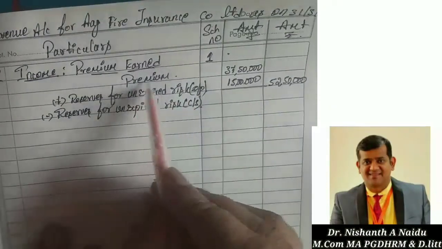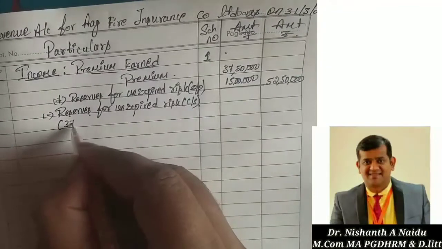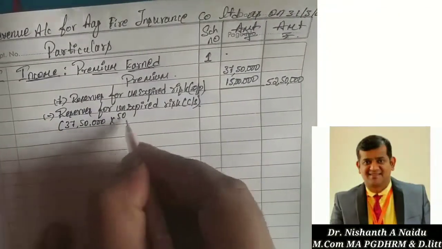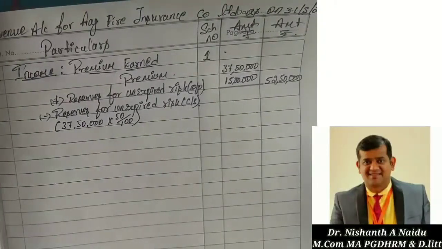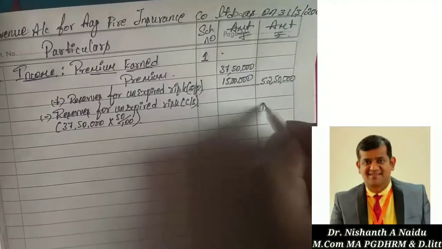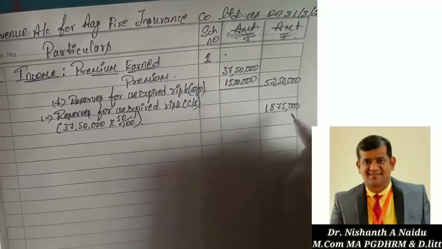So in this problem net premium is 37 lakh 50,000. So 37 lakh 50,000 into 50 divided by 100. So how much that comes to? 18 lakh 75,000.